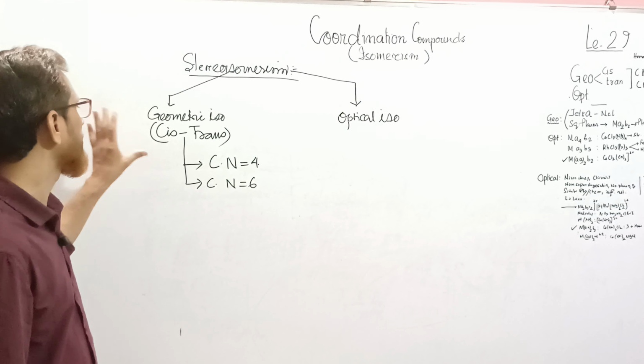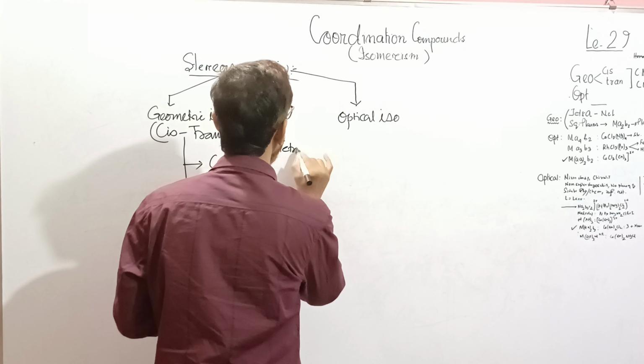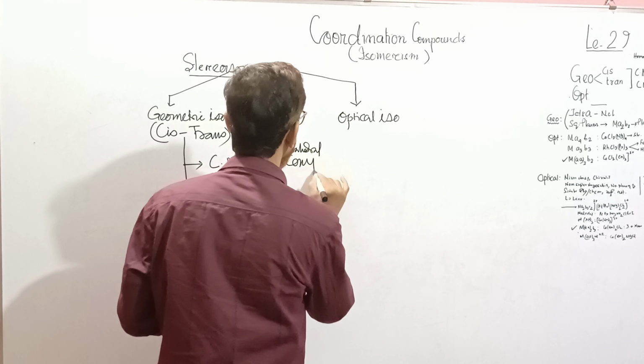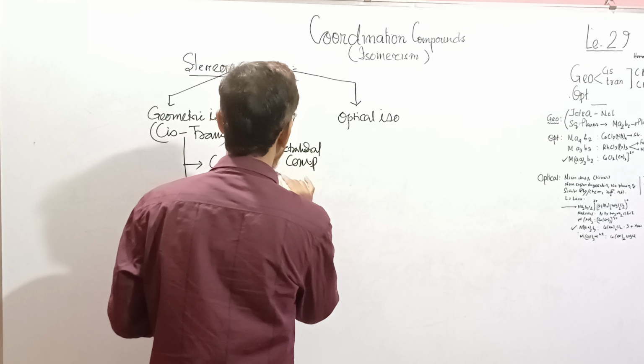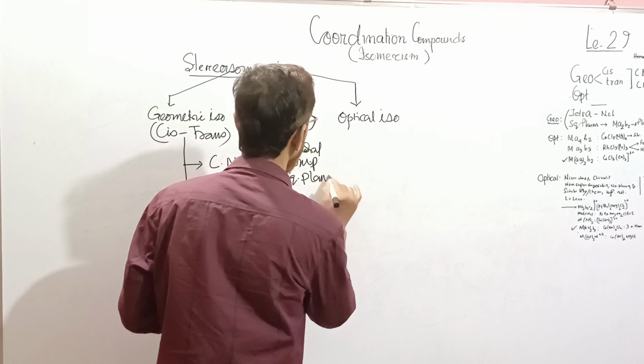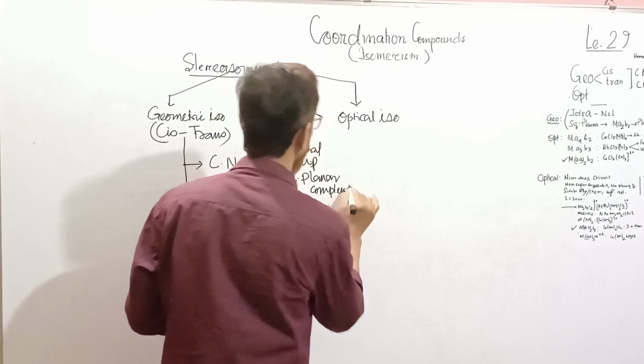Coordination number 4 may be given by tetrahedral complex and square planar types of complex, because in both types of complexes the coordination number is 4.